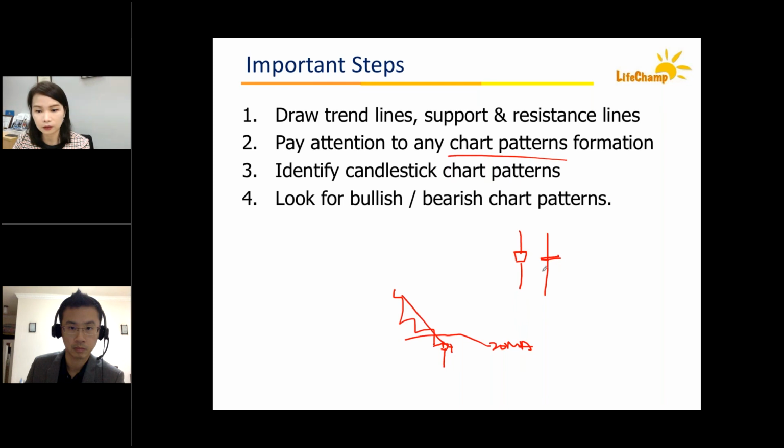You can apply these two together, the same kind of application. These two represent the same thing, which means indecisiveness. It's just that one has a body, one without the real body. But the meaning is the same. So you just focus on the psychology behind.